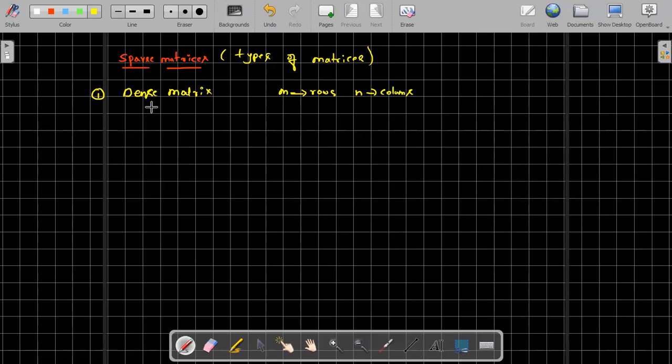For example, let's consider this is a matrix for the dense matrix, having 3 cross 3 elements.